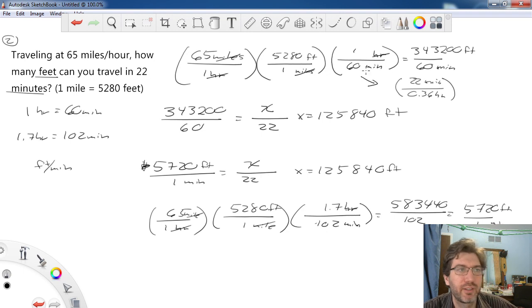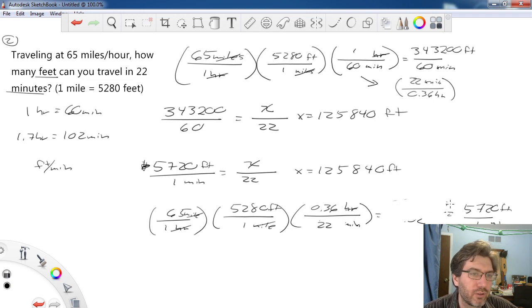Yeah, because then you would be canceling out minutes here. So your option was to use 0.36 over 22 minutes. We'll get you something that still equals that. So your option was to use one or the other.